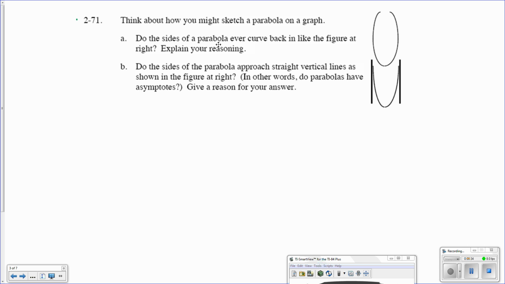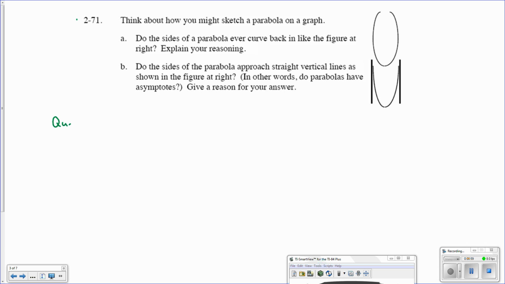Well, as we look at letter A here, first of all, do the sides of a parabola ever curve back, like in this figure? No, they absolutely do not. And the reason why is because, if we have a parabola that's opening up or down, our domain is going to be all real numbers. But typically a parabola comes from a quadratic function, right?